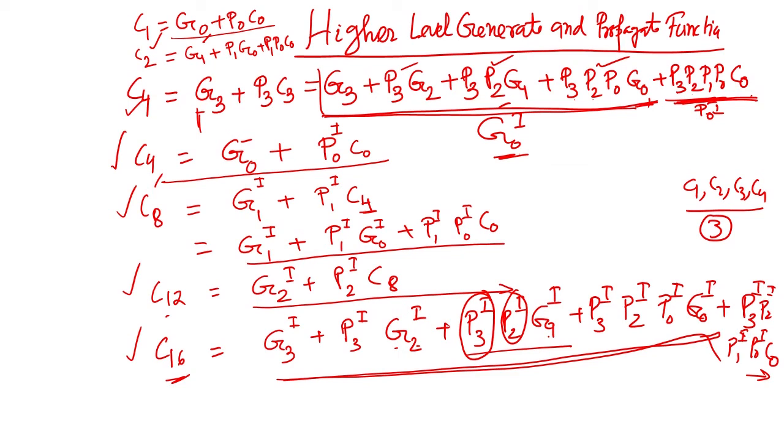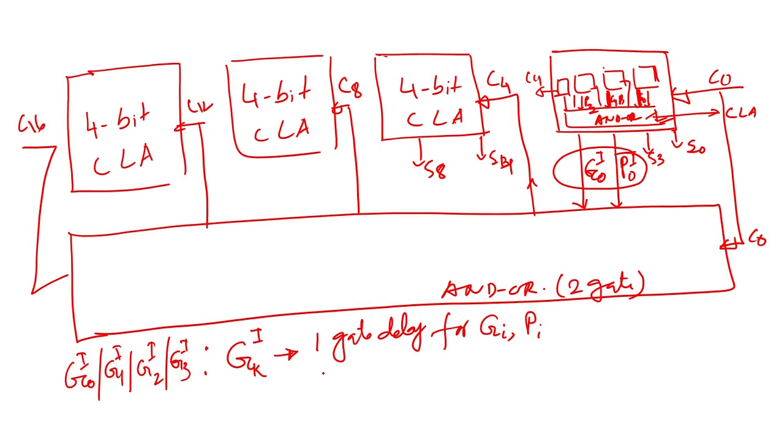Therefore, generating G0 I will take 2 gate delay. So, it will take 2 gate delay for G higher level. So, for G0 I, I can write K, so Gk.